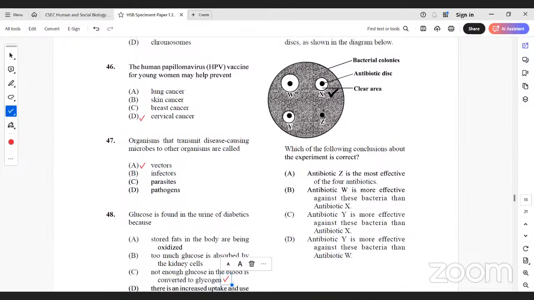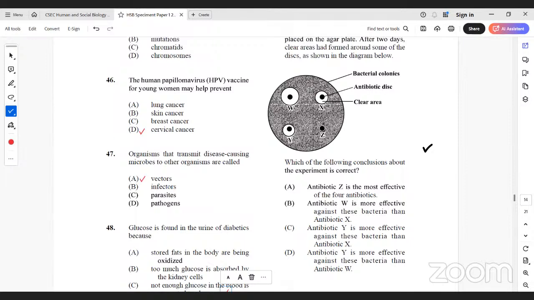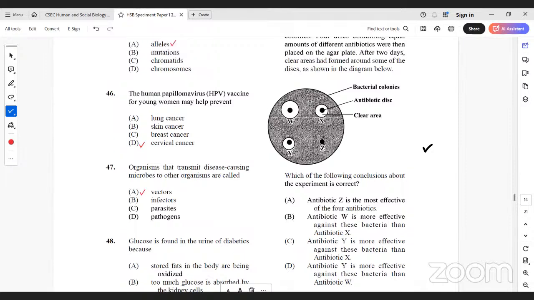So we have the 4 discs, the black dots that you are seeing, and the clear areas are where the antibiotics worked. Remember, the whole plate is bacteria. So the parts without bacteria are because of the antibiotics.